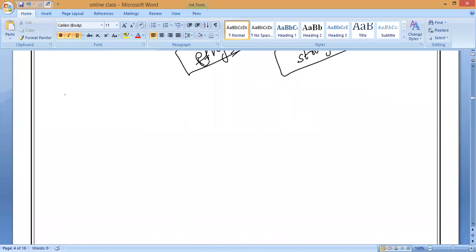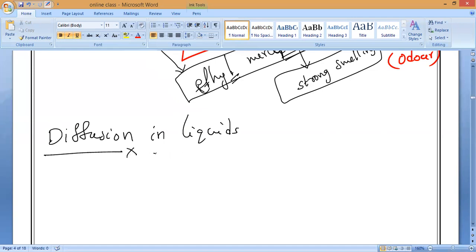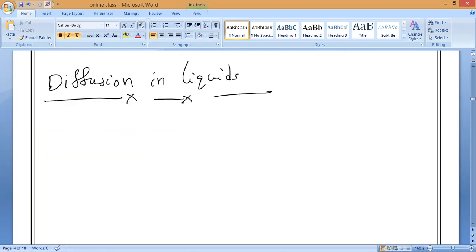Now, the next one: diffusion in liquids. Is diffusion in liquids faster or slower than in gases? It is less than gases, but more than solids.